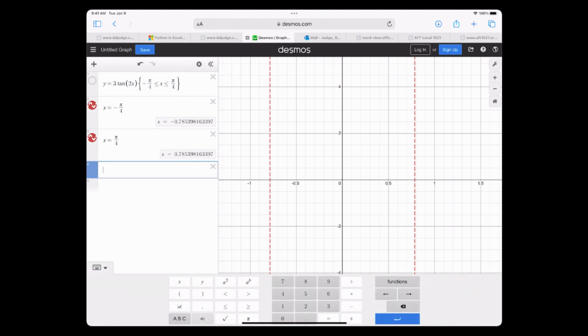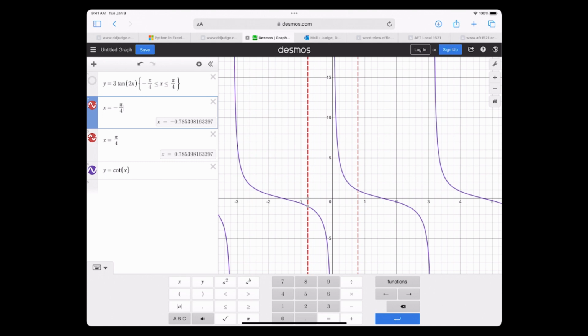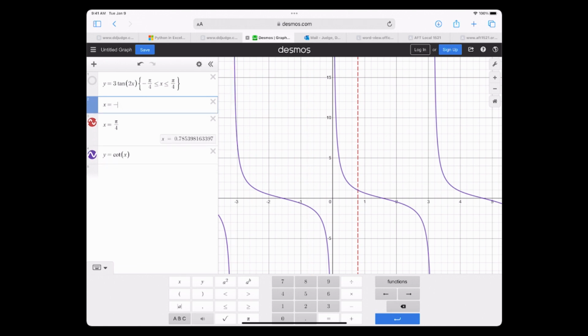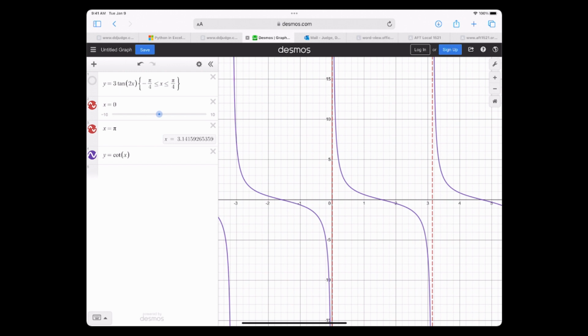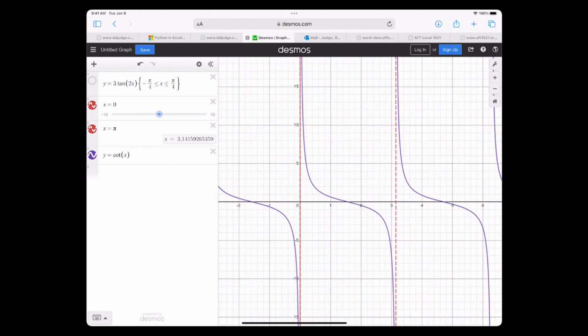Well, y equals cotangent x. And remember what we said here. This would be 0 now. This here is going to be pi. And you say, well, how come I see all these other cycles here?